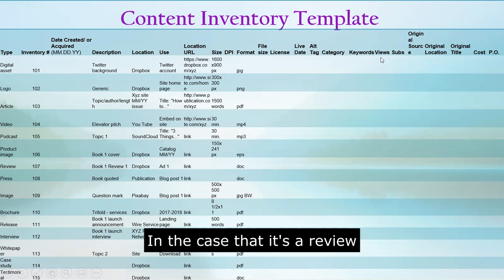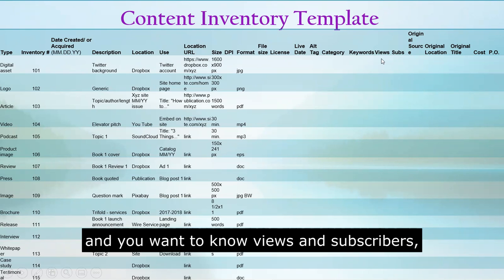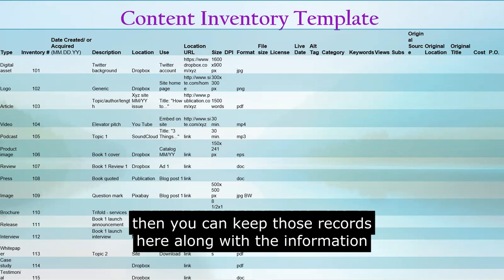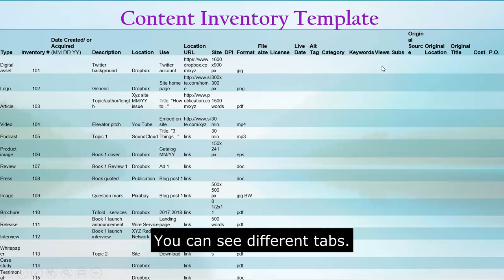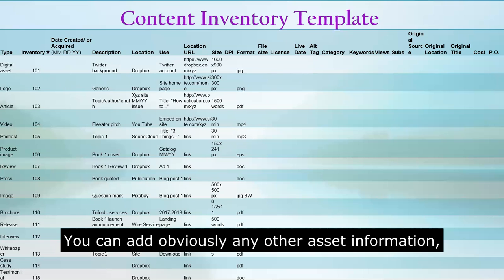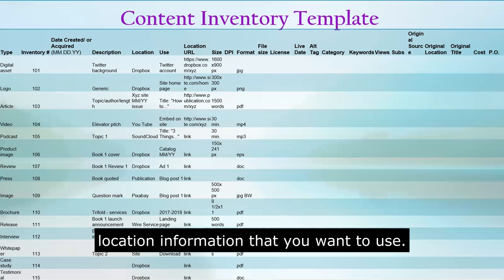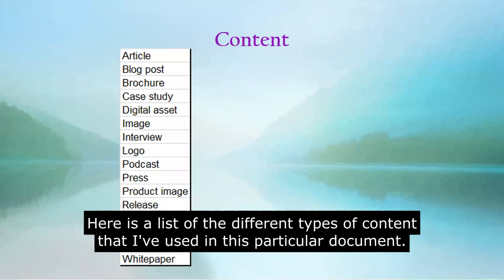And in the case that if it's a review and you want to know views and subscribers, then you can keep those records here along with the information about that particular piece of content. So you can see different tabs. You can add, obviously, any other asset information, location information that you want to use. And here is a list of the different types of content that I've used in this particular document.